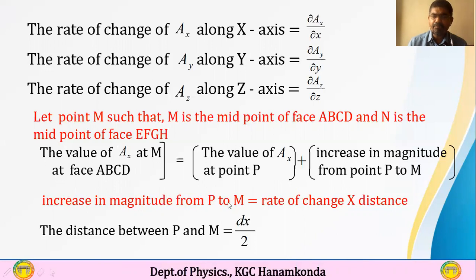The increase in magnitude from point P to M is calculated with the help of the rate of change with the distance from point P to M.